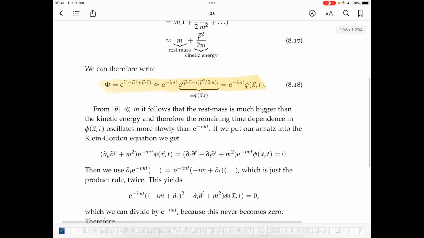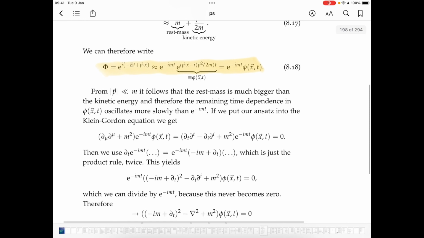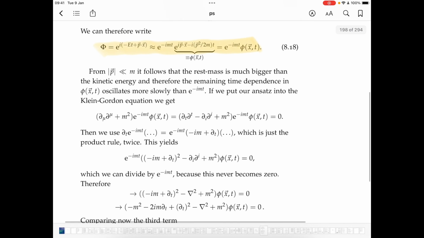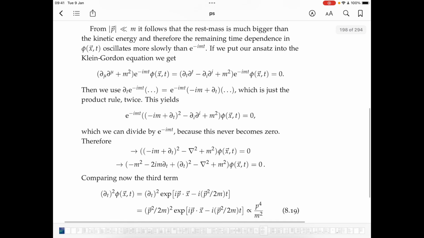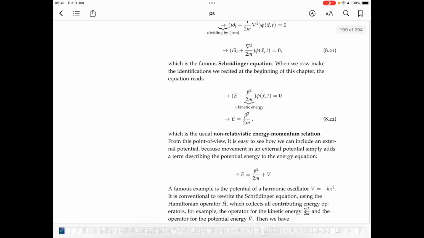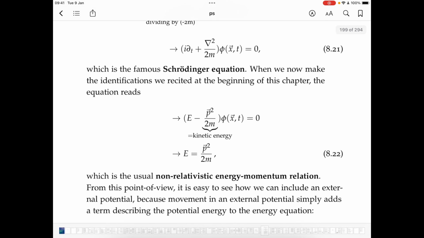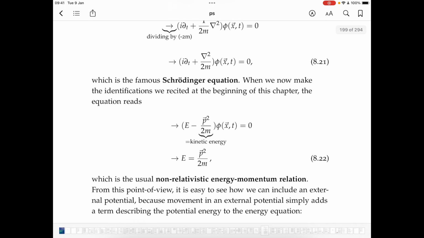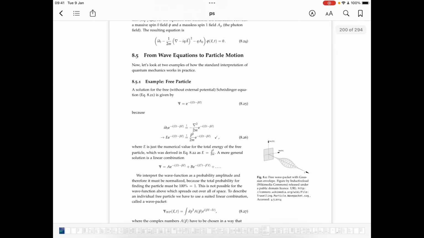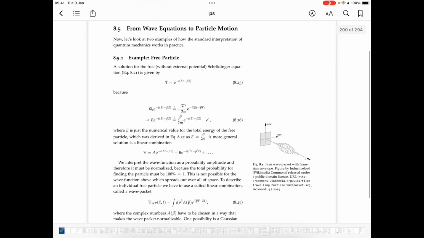I was just thinking about that phi, like what is that phi? I'm not sure. I was thinking that maybe because we are taking the limit of the Klein-Gordon equation, we cannot put anything except a scalar here. So we have a scalar field, and it is preserved here in the Schrödinger equation. It looks like a wave function, but it's a scalar wave function. But still, we can have non-scalar wave functions, right? And that's the moment which confuses me a little bit.